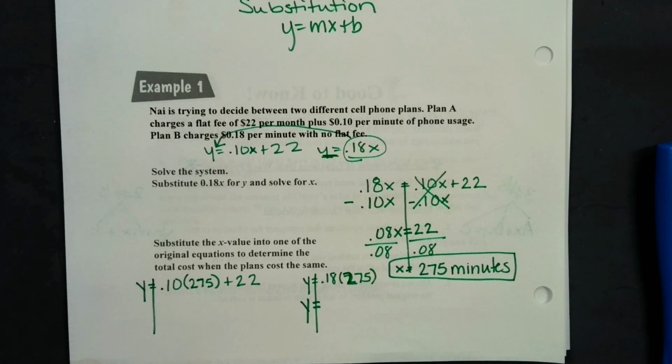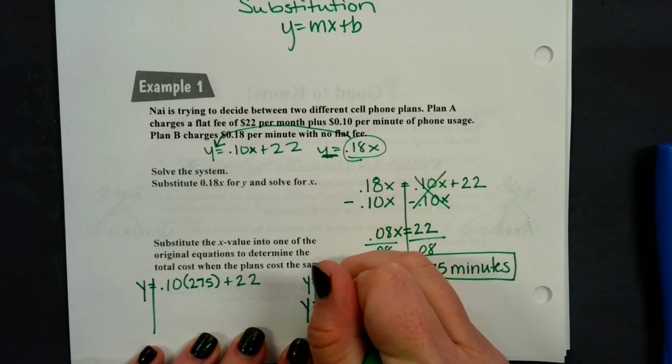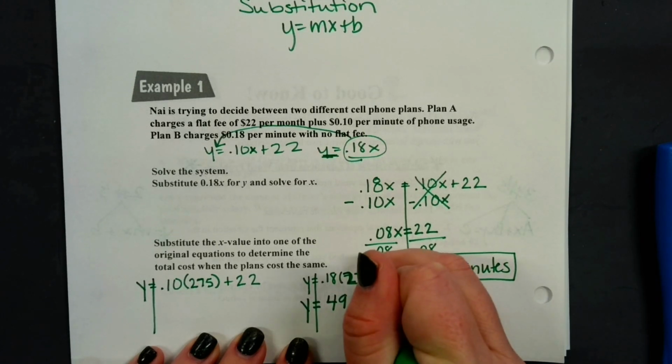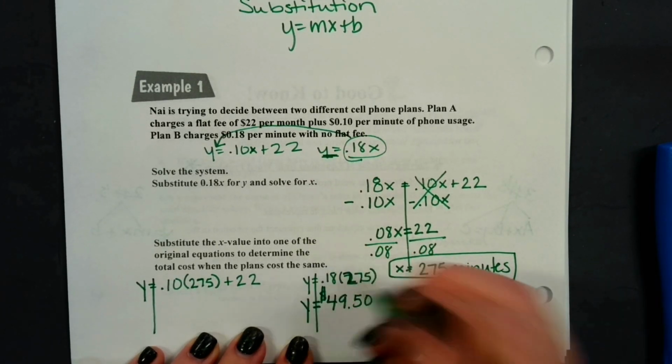What do you get? Say it. What do you get? I bet you forgot to hit the decimal in front of the 18. But the numbers are right. $49.50.